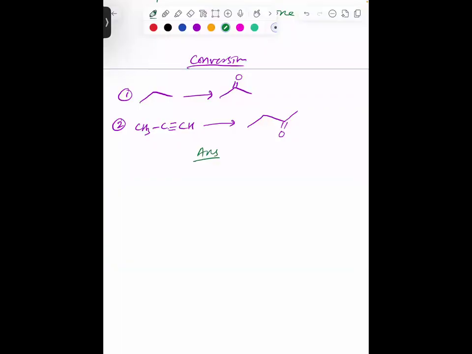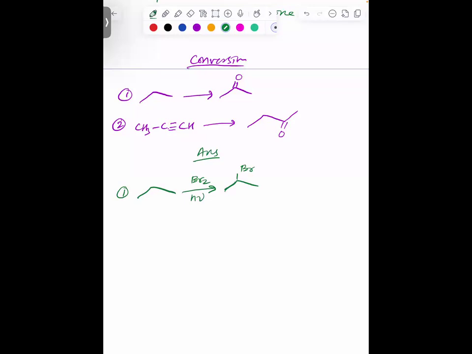Okay, see, in this first one we know alkane has to be converted directly to haloalkane. Again, here different types of carbon atoms are involved, so we have to follow only bromination. If the carbons are identical, then we can follow either chlorination or bromination.